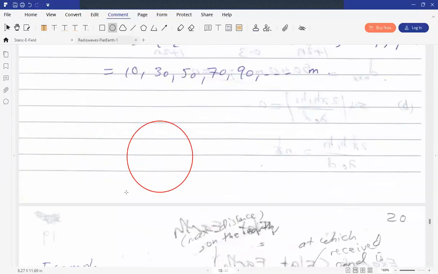Yes, I will choose an empty area here to draw in. This is the earth, okay? And the ray is supposed to move in this direction, yes? Okay, if this is the transmitter here, and the receiver is here.